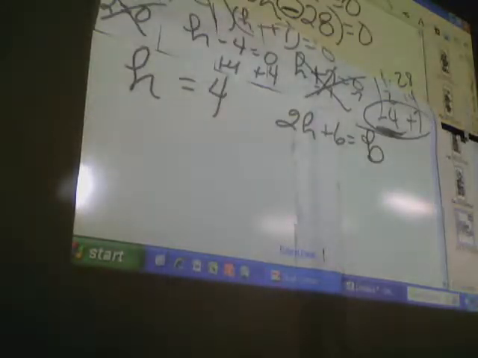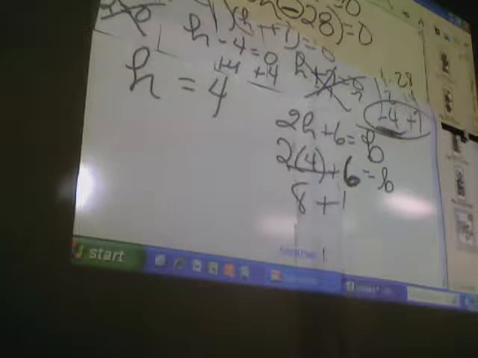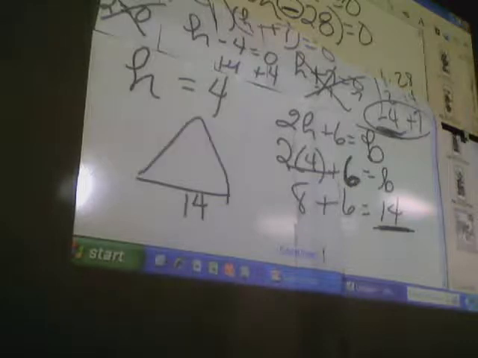So to find the base, we're going to have to do 2h plus 6. 2 times our height plus 6, I'm sorry, my b's and 6's are looking alike, equals our base. 2 times 4 is 8, plus 6 is 14. So our base must be 14. So we have a base of 14 and a height of 4.